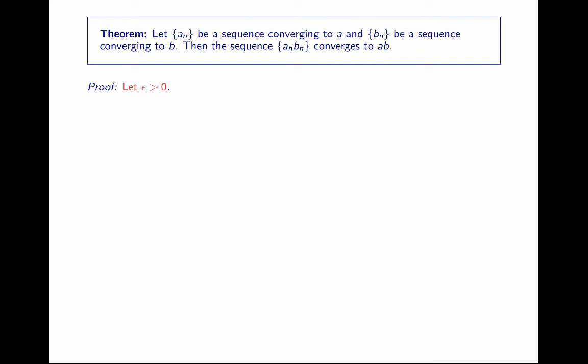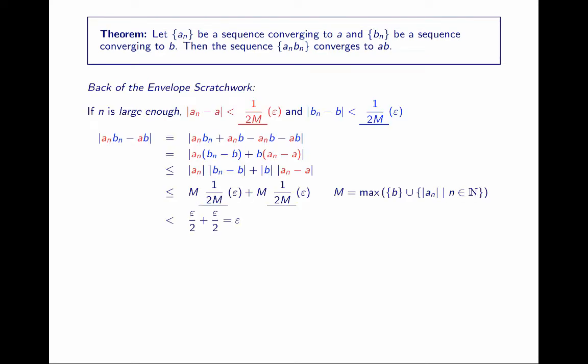Now again, in this slide, everything in red is every time I've accomplished something that shows the sequence a_n b_n satisfies the definition of convergence to AB. In the previous slide, I had all the a terms in red and all the b terms in blue because we were trying to separate them. So just to show you, the bright blue is all the b terms and the bright red is all the a terms, because our whole goal was to untangle these so that I get the b's together and the a's together, and then I cash my checks.